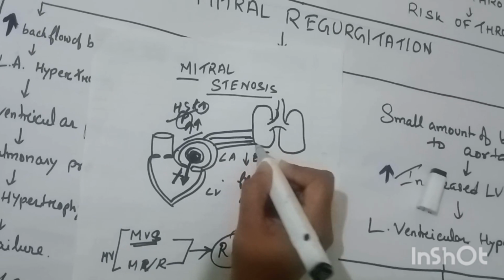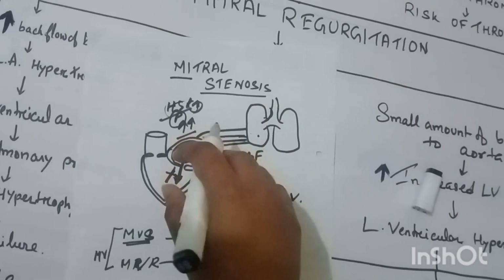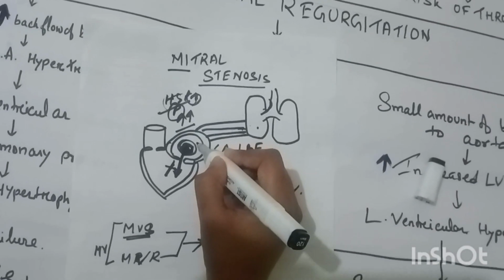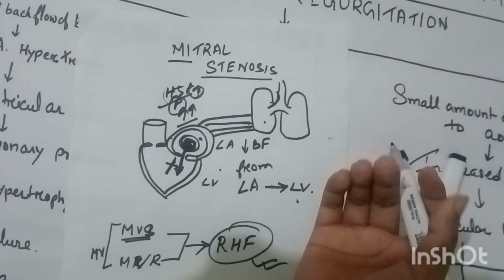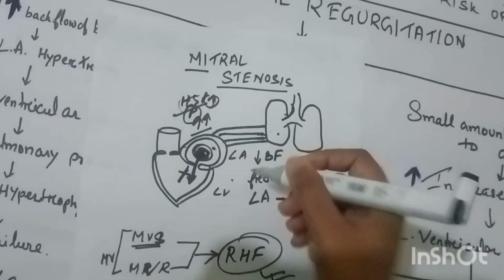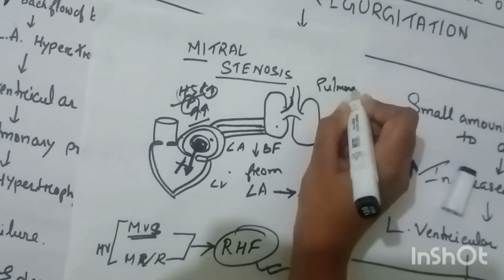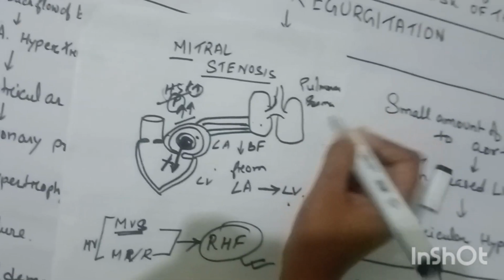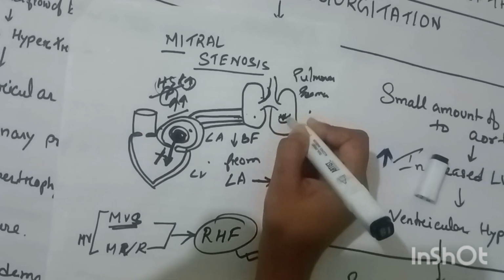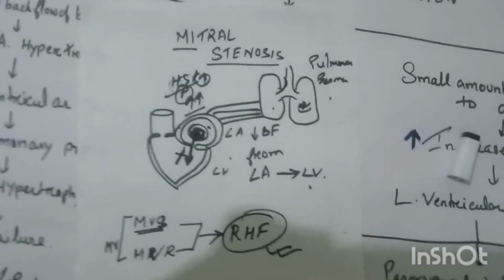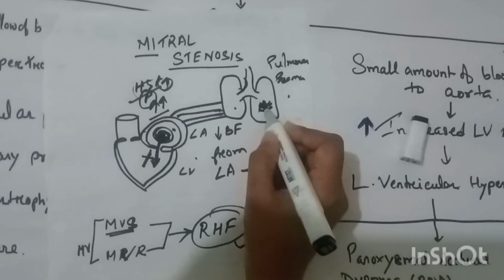So if there is an increase in hydrostatic pressure, the flow of blood from our lungs to our heart will be restricted because of this increased pressure, and because of that we can see pulmonary edema in lungs, because in lungs the capillaries, the blood vessels, will get more pressure, and because of that they can burst out.